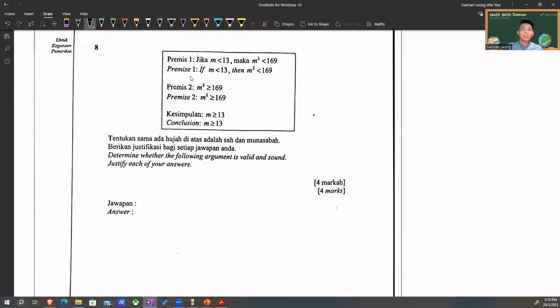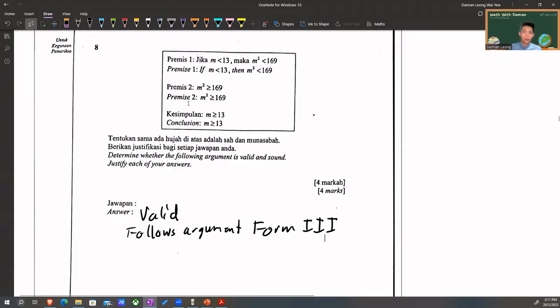And it's basically not this, then not this, which is following the contrapositive. So that would be argument form 3. So this is valid because it follows argument form 3. As long as it follows the format of the argument, it's valid.